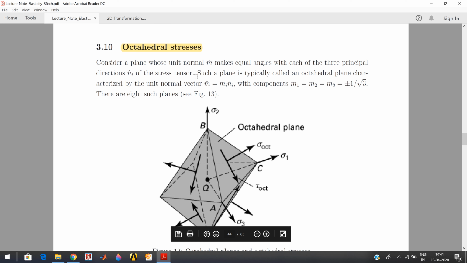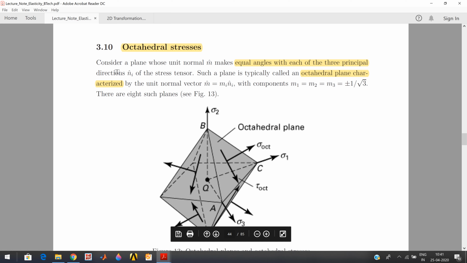And the octahedral planes are defined as the planes which make equal angle with each of the three principal directions. So here you have to make a specific note of this definition.